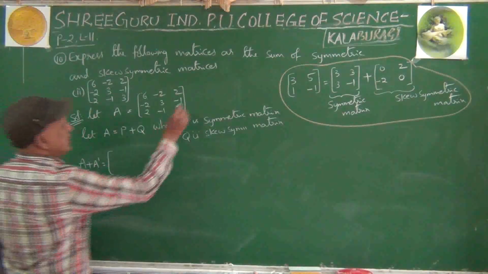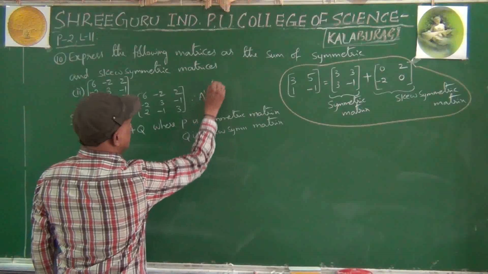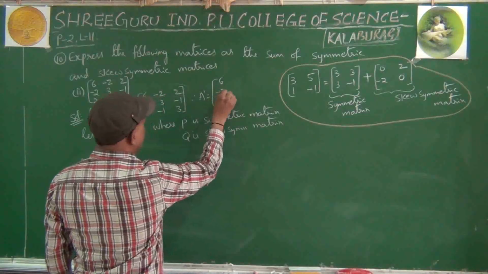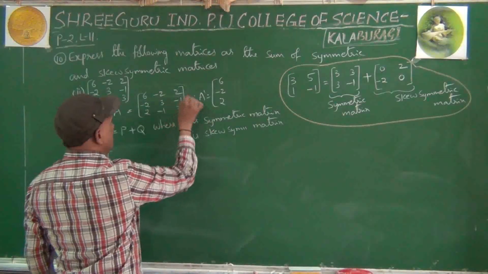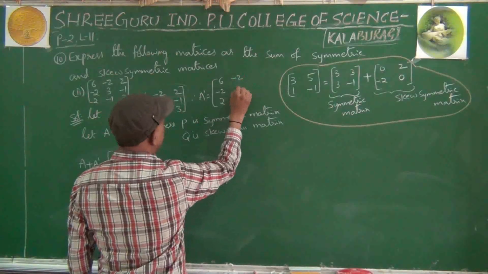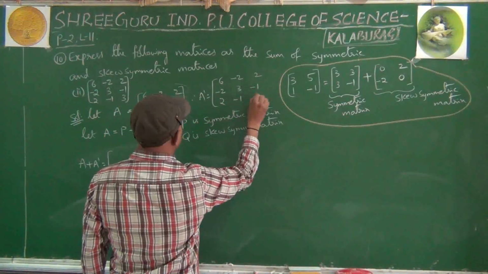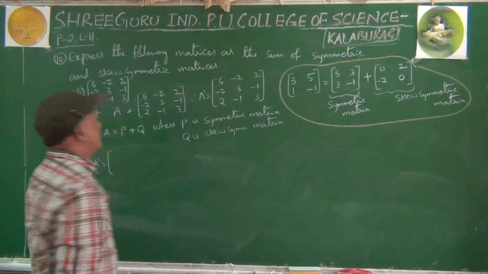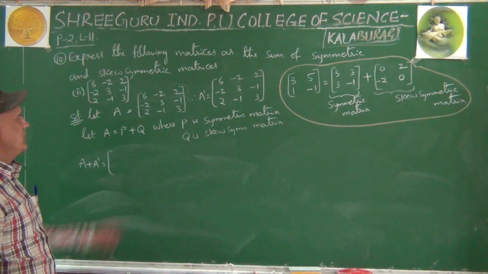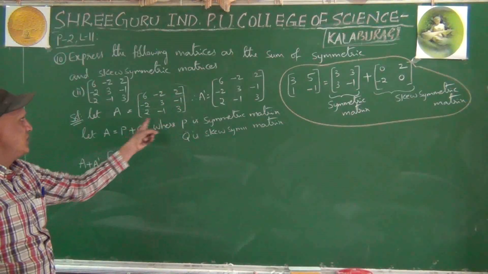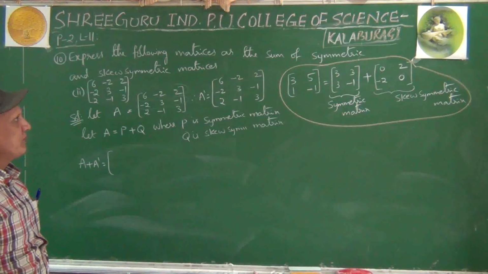A dash equals the first row becomes the first column, the second row becomes the second column, the third row becomes the third column: 6, -2, 2; -2, 3, -1; 2, -1, 3.